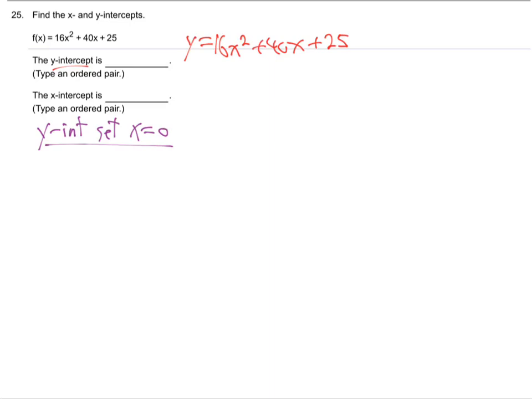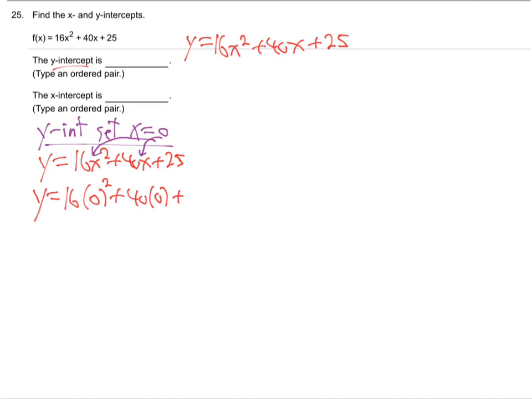So we take this equation, y equals 16x squared plus 40x plus 25, and put in 0 for x. So 16 times 0 squared plus 40 times 0 plus 25. That's 0 plus 0 plus 25.